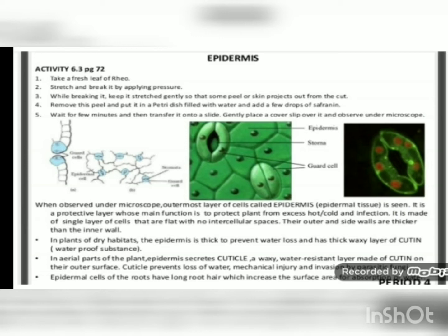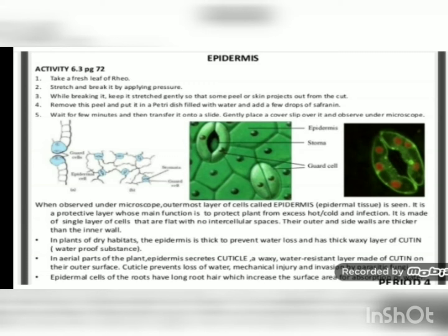Epidermal cells of the roots have long root hair, which increases the surface area for the absorption of water. So we can see that epidermis is present in the various parts of the plant and has some specific structure, and because of that it helps that part to do its function. For example, epidermis of a desert plant has a thick waxy coating to prevent water loss.